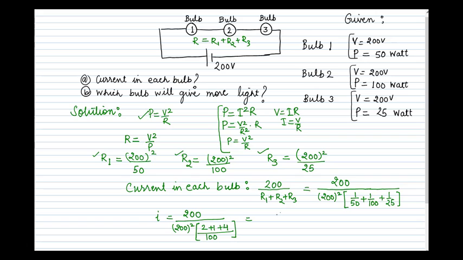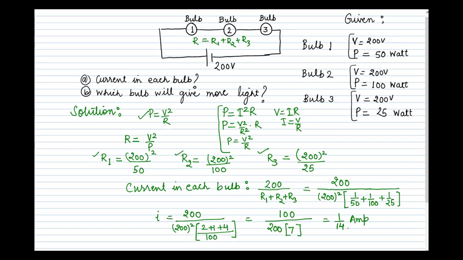So 100 upon 200 is remaining, and 2 plus 1 plus 4 is 7. So 100 cancels with the 200, remaining 2, and 2 times 7 is 14. So this comes out to be 1 upon 14 amperes, right? So the current in each bulb is 1 upon 14 ampere.